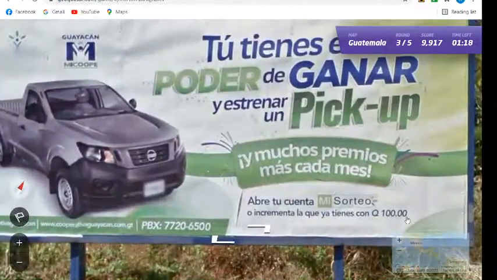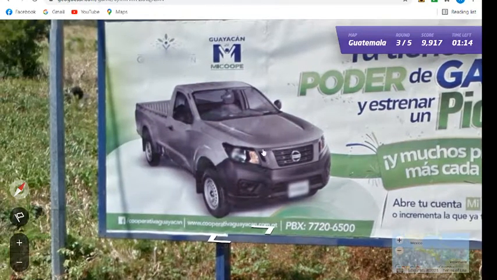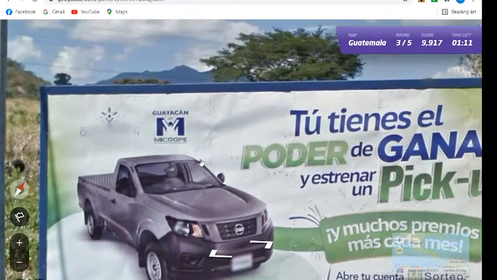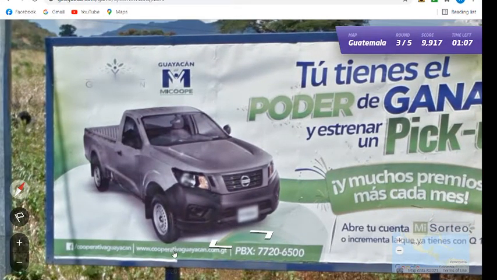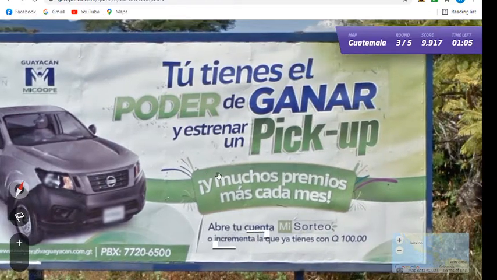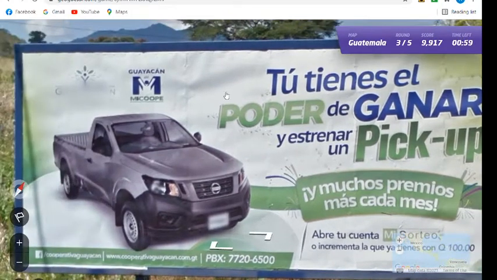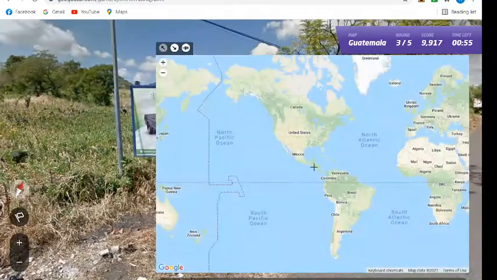Oh, okay. Q100 again. Q is the currency unit. That means you're in Guatemala. Of course, domain name. Cooperativa Guayacan. Something about winning. Is this a contest? Maybe. Okay. Yeah, Guayacan looks like it could be a place name, right?